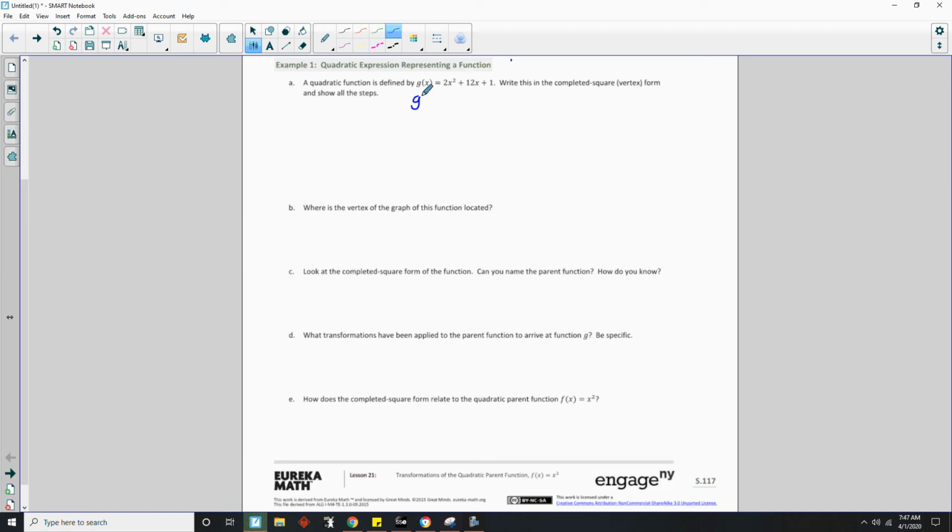We're going to take g of x equals parentheses 2x squared plus 12x, then close the parentheses and put plus 1 outside here. What we're doing here is breaking this into two terms broken up by this plus sign. So we have this binomial by itself, and then we have this constant over here.